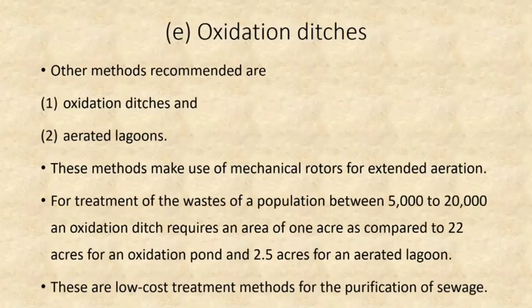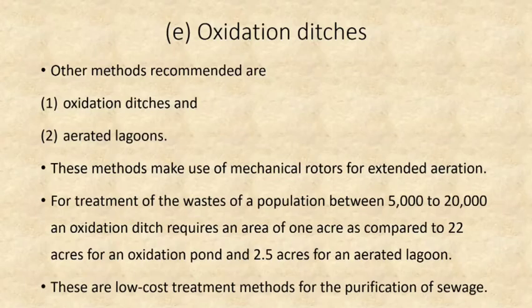The next method is oxidation ditches or aerated lagoons. These methods make use of mechanical rotors for extended aeration for the treatment of waste of populations between 5,000 to 20,000.